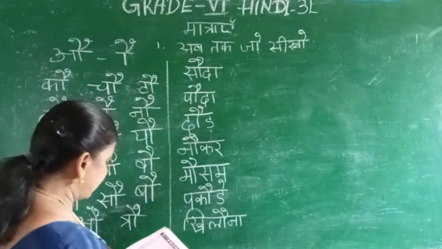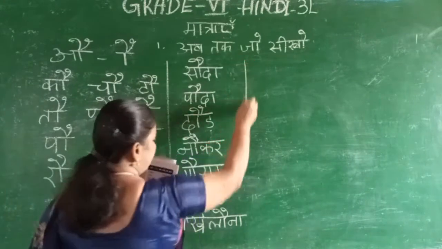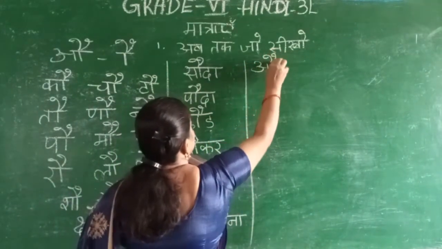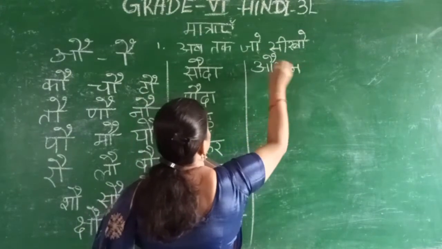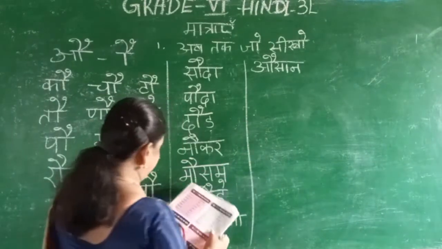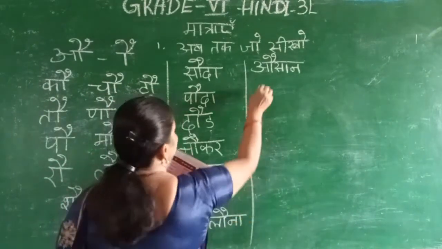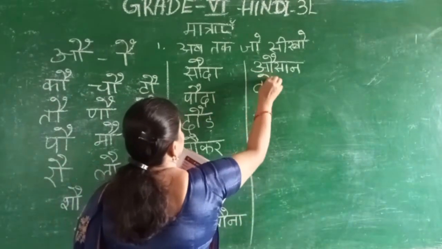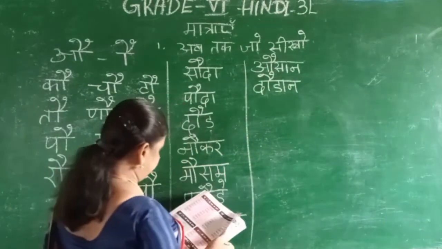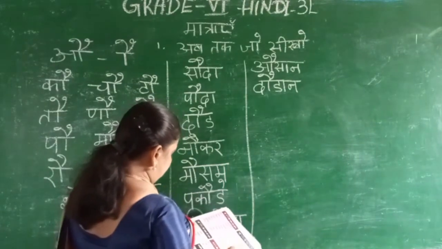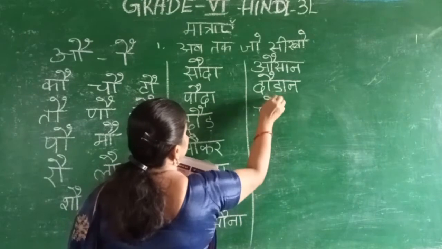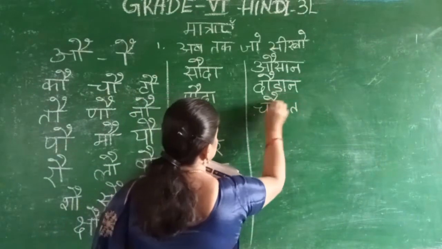You see that. The first one, ausan. Au, sa, na, ausan. Daudana, daudan. Next, chaupata, chaupat.